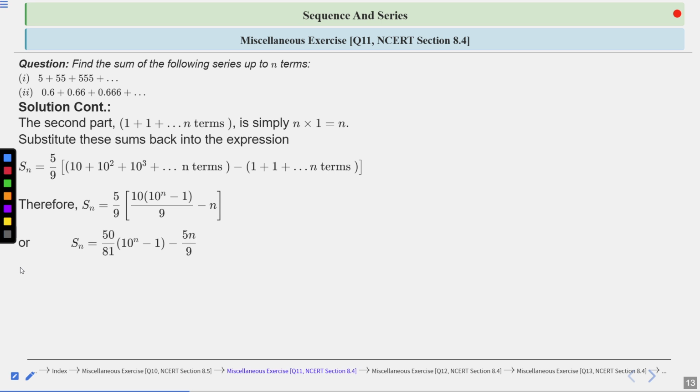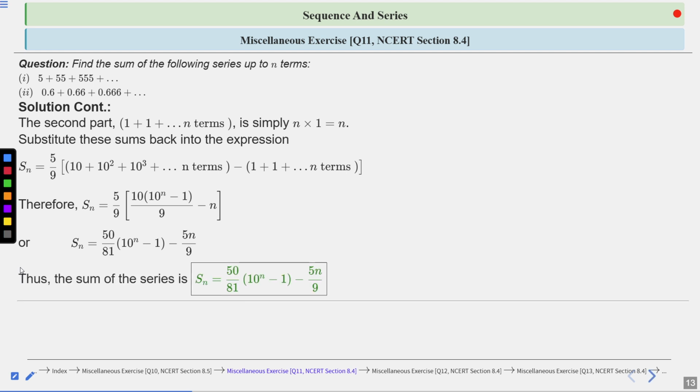Or Sn will be 50 upon 81 into (10 to the power n minus 1) minus 5n upon 9. Thus, the sum of the series is Sn equal to 50 upon 81 into (10 to the power n minus 1) minus 5n upon 9, right?